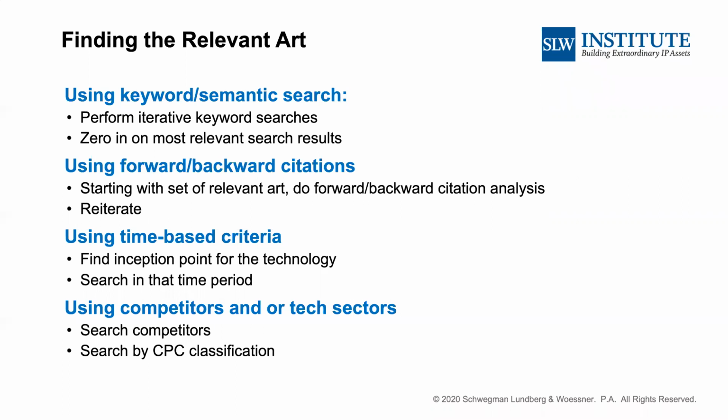And sometimes words that are commonplace now weren't used to describe the technology in the past as much. Take, for instance, mobile phone. Mobile phone is used almost all the time now in patents that deal with that type of technology. But if you go back a ways, you may find cellular phone, or mobile portable device, or portable terminal. So it is important to do the iteration like Mark suggested.